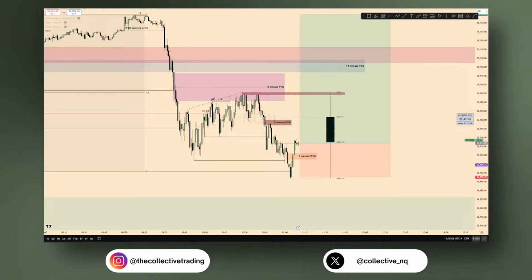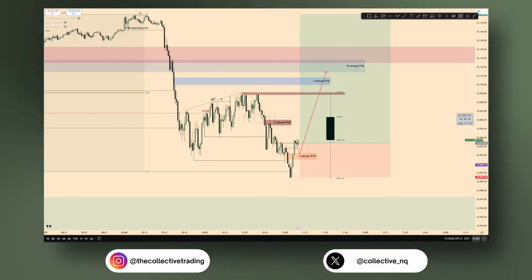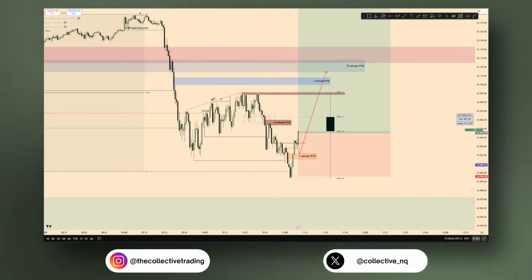I'm kind of looking for a drop into that inversion and then rally. Okay, I'm in longs.